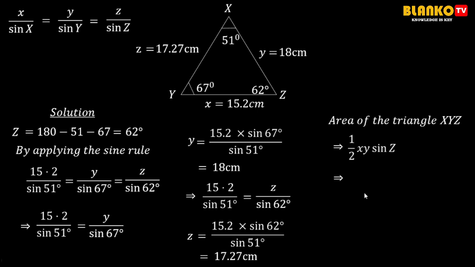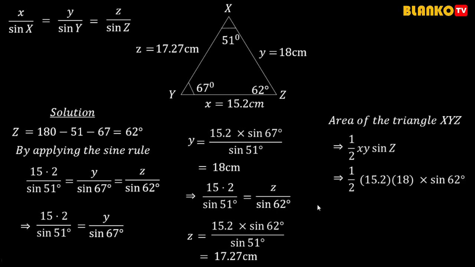So let's insert the values. Half times 15.2, which is x, times y, which is 18, times sine 62 degrees, because the angle at z is 62 degrees.